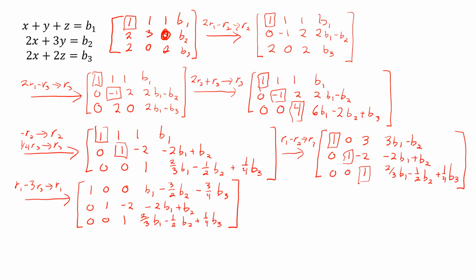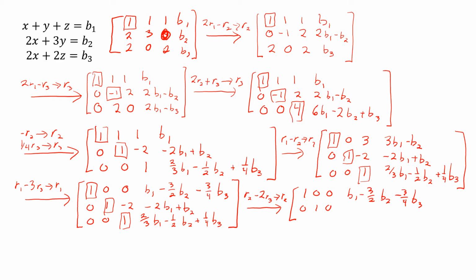Okay, so now we just have one entry left to get. We have one more non-zero number above our third pivot row. So we are going to do row 2 minus 2 row 3 as the new row 2. And what do we get? The first row stays the same. The second one becomes 0, 1, 0.